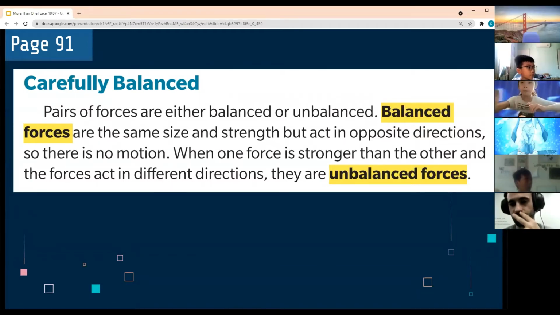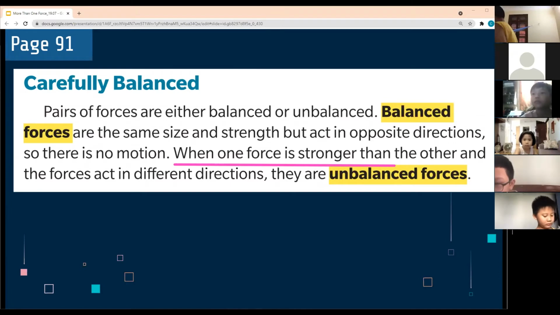Taylor, can you read for us? Carefully balanced. Pairs of force are either balanced or unbalanced. Balanced forces are the same size and so. Jack Vu, read the next sentence for us.